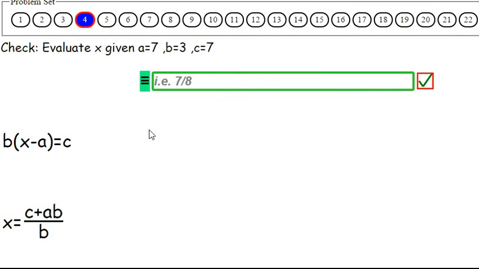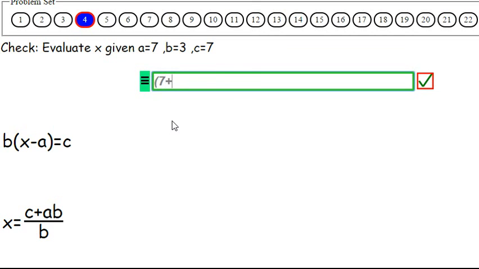Looks like that's it. So up here for the checkbox, what you'll do is the substitution. You're going to substitute c plus ab over b. Let's just do that. I'm going to use the built-in calculator. C is 7.